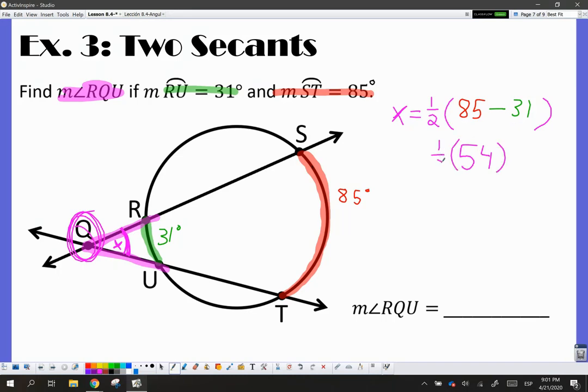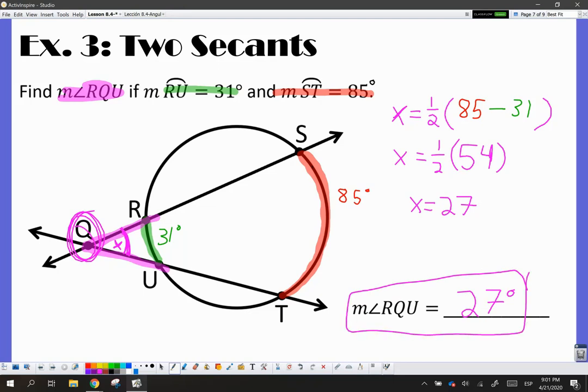And I drop the rest of the equation. So now I have X equals 1/2 times 54, and 54 times 1/2 gives me 27. So the measure of angle RQU is 27 degrees.